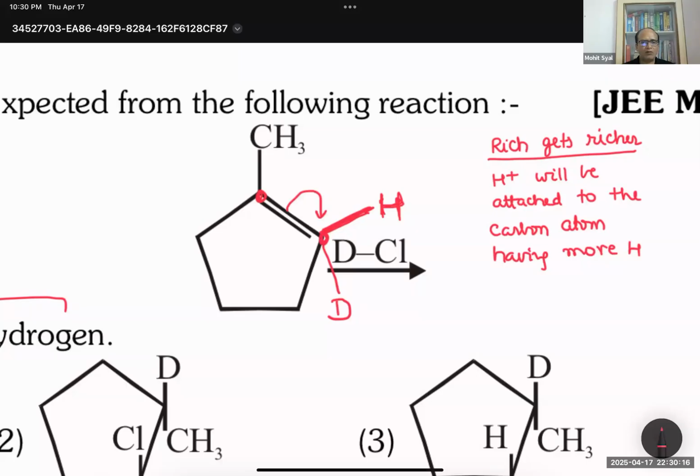The pi bond is going to get shifted. You are having a cation here. Cation will prefer to form on the more branched carbon because it is more branched, more electron donating, a more stable cation, and the Cl minus is going to come and get attached to it. So the negative part gets attached to the more branched position, or you can remember it in this way, whichever you like.